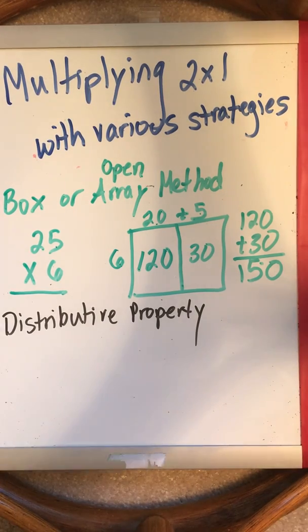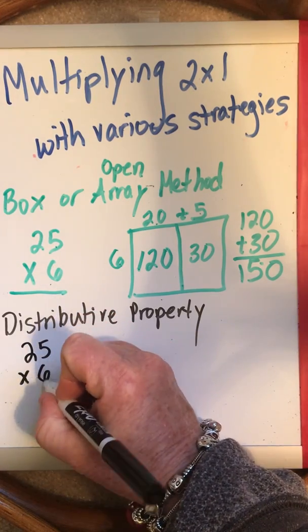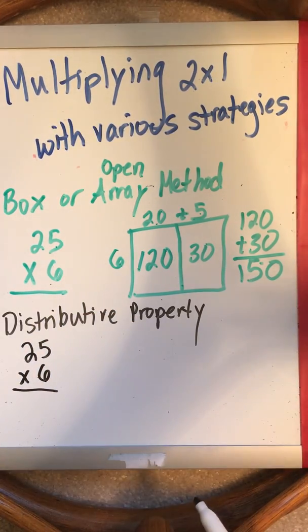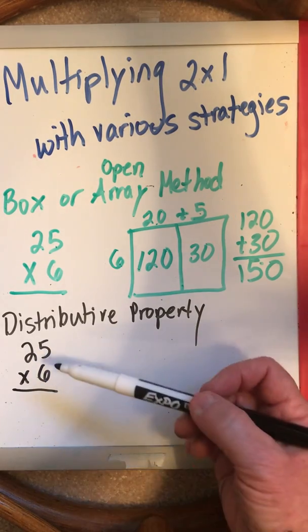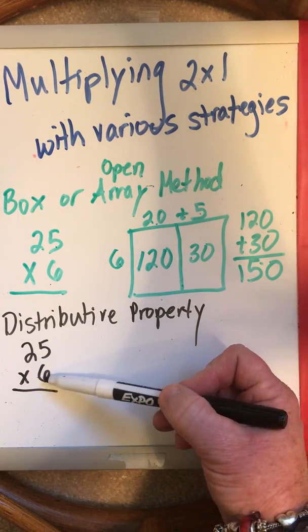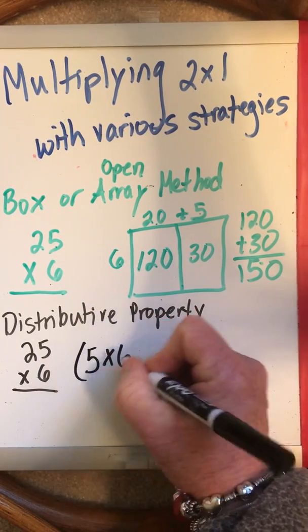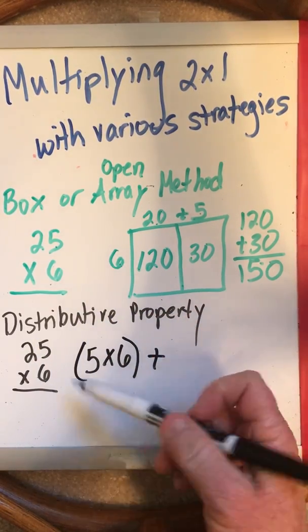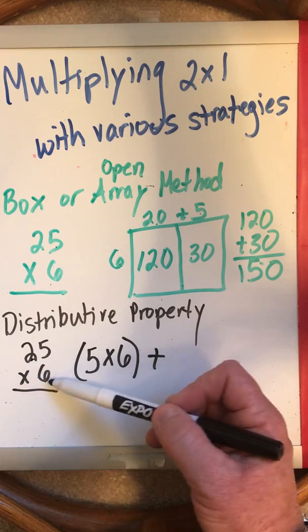We kind of spread things out a little bit. So if you have 25 times 6, the distributive property says that you can break this 25 apart, and we can do 5 times 6, and then we can add that on to this 2, which actually means a 20. 20 times 6.